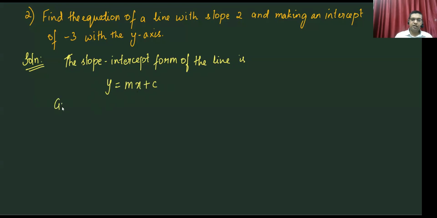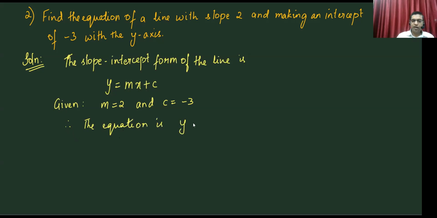Now given in the question, m is equal to 2 and c is equal to -3. Therefore, what is the equation? The equation is y equal to 2x minus 3.